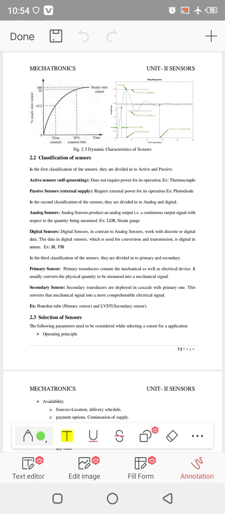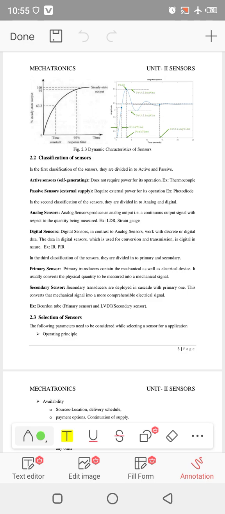This means this sensor type does not need an external power to operate. It can generate power by itself. An active sensor does not require power for its operation. For example, a thermocouple does not need any external power.